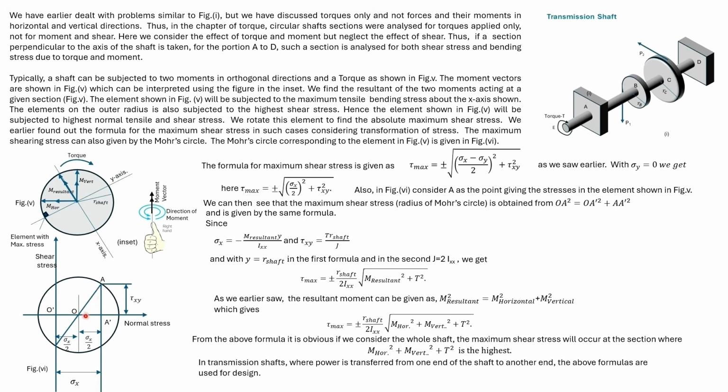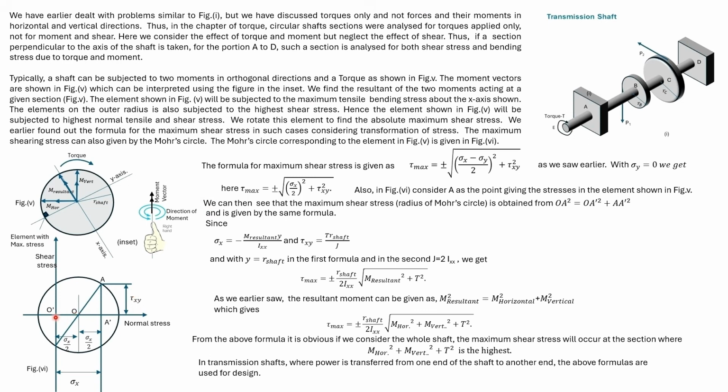OA will give us the magnitude of the maximum shear stress. The ordinate of the center is given by sigma x plus sigma y divided by 2. Here sigma y is 0, so the ordinate of the center is sigma x divided by 2.